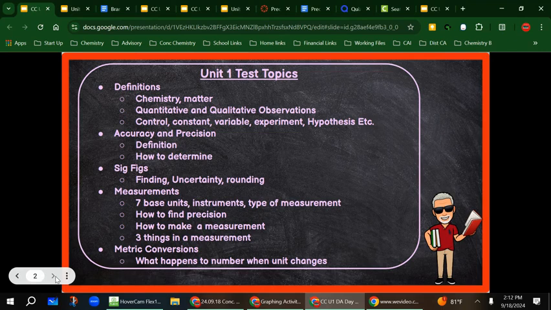I am telling you, you are going to need to know the difference between a quantitative observation and a qualitative observation. Qualitative observations was the lab we did where you had the objects on the tray and you were trying to describe them and get the people who were guessing to not guess which object you had first.